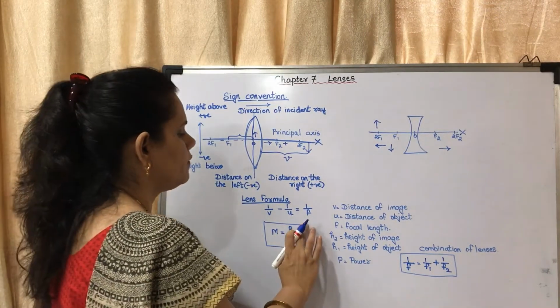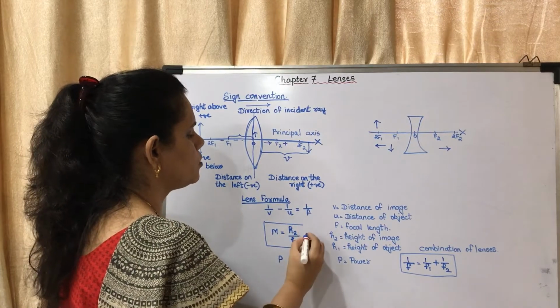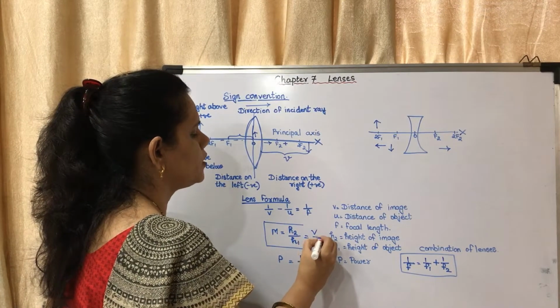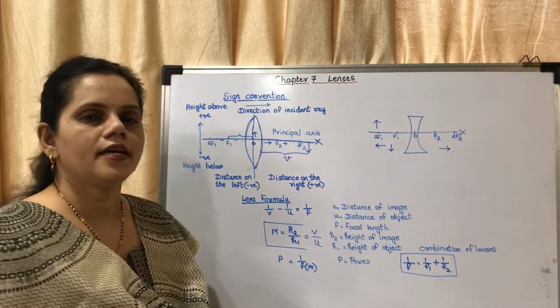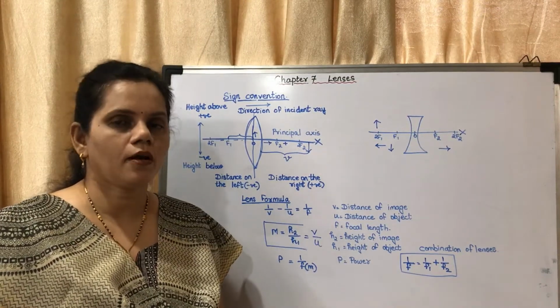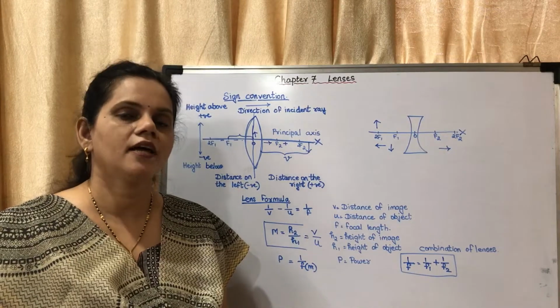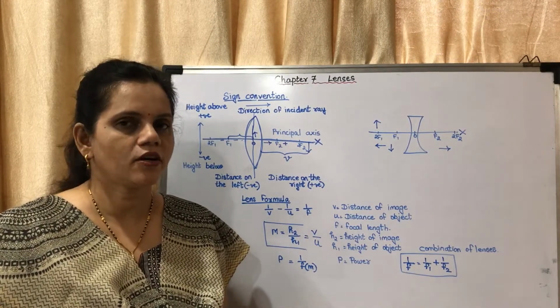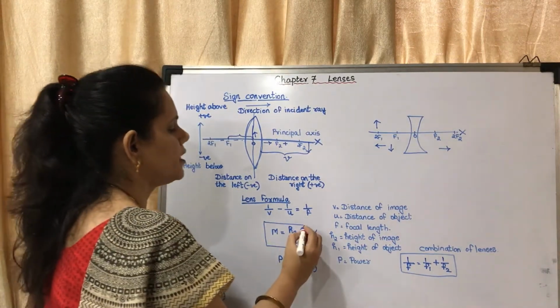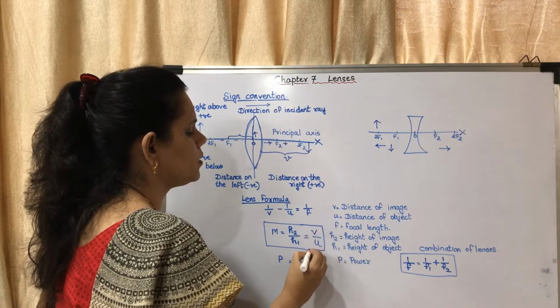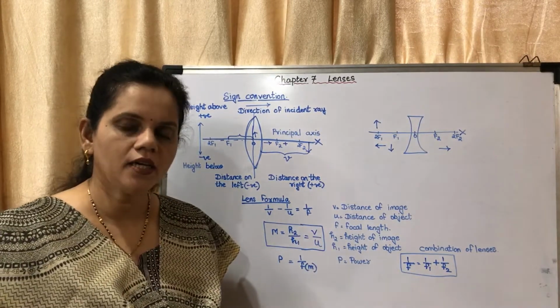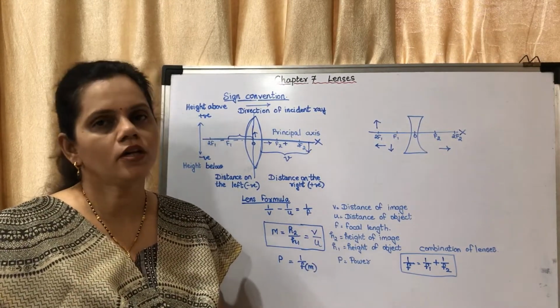Now here we know that M is also equal to V upon U. What is V? V is distance of image, and what is U? U is distance of object. So you get the equation M is equal to H2 upon H1, which is equal to V upon U.